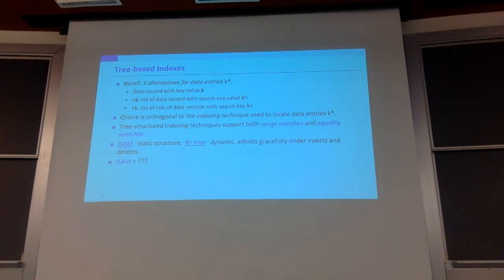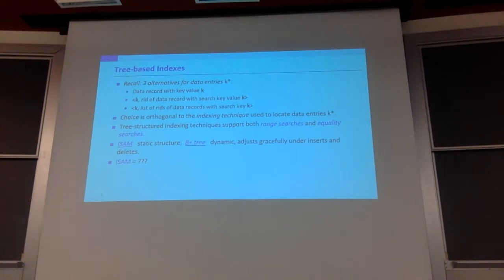Alternatively, you have three alternatives. You could have a key and the data record itself in the data entry. You could also have a key and a pointer, or a key and a list of pointers. But we've said there are trade-offs among these three different options.